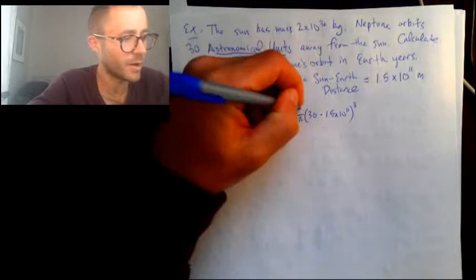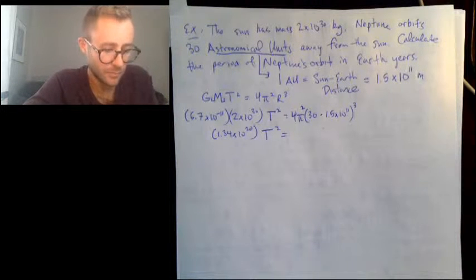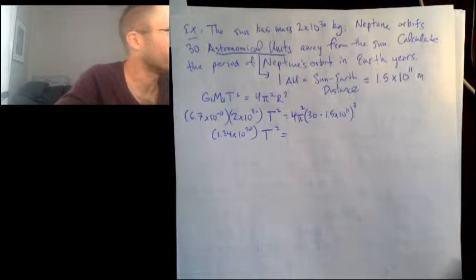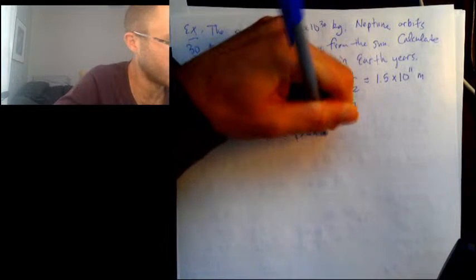Oh, this should be 4 pi squared, my bad. And I get 3.6 times 10 to the 39th power.